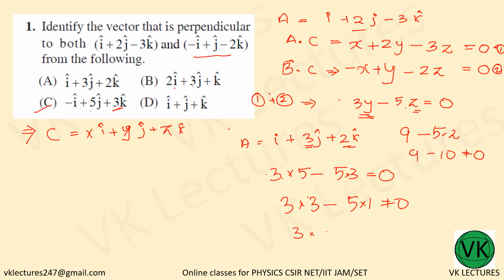Now the last option, 3 into j, that is y is 1, minus 5 into 1, which is also not equal to 0. So the only option that you are getting is here, right? So option C.